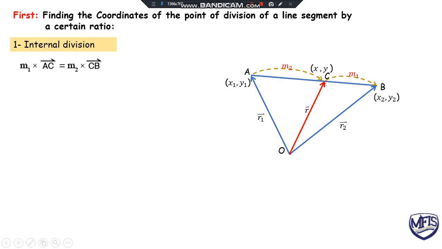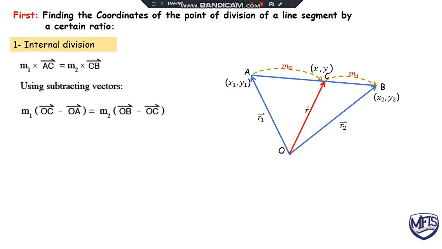So we can find the directed line segment AC by the origin point, by using subtracting vectors, and we can find CB also by using subtracting vectors. So we can write AC equals directed line segment OC minus OA, and we have CB equals OB minus OC.